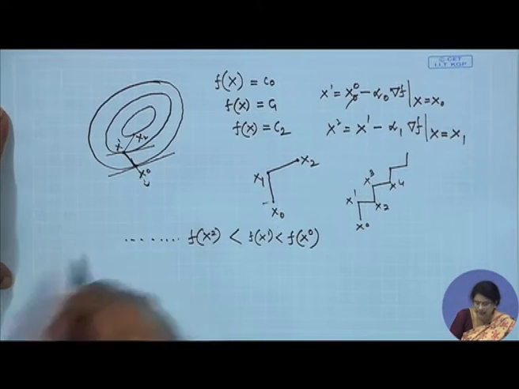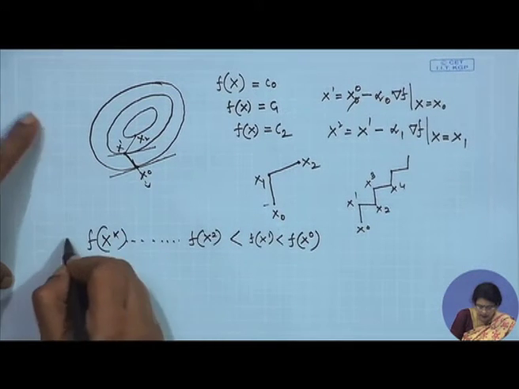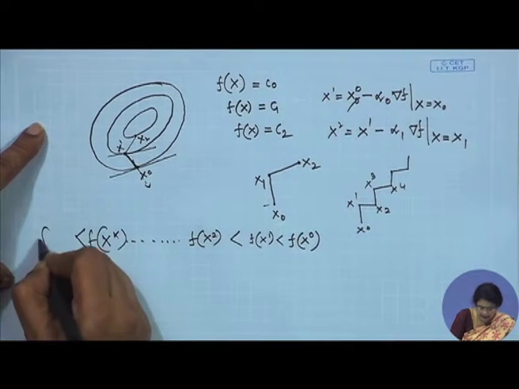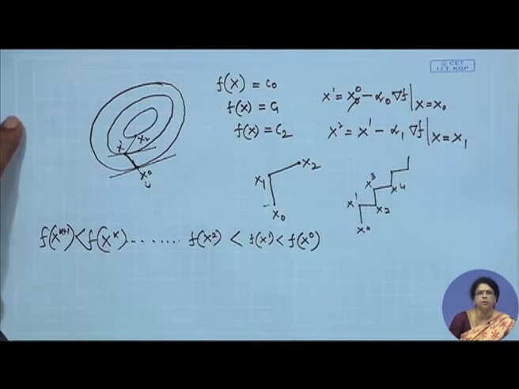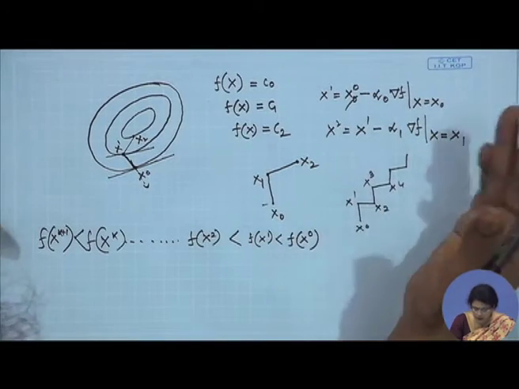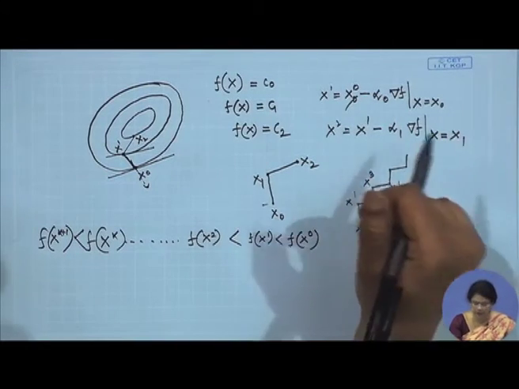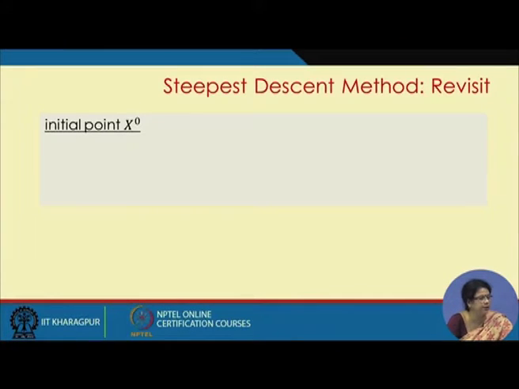This way we will get a sequence of points xk, and we will see that the functional value f(x k plus 1) is much smaller than f(x0). Maybe that could be the optimal solution. For checking the optimal solution, there is a process. I will discuss more on that part, but in this connection I will show you a few properties.